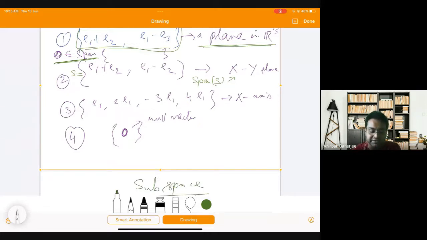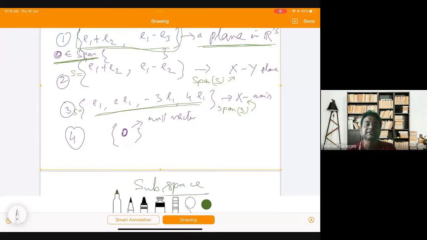Again, if I say that S is this, then we have seen that the span of S is the x-axis. So though there are 4 vectors, it generates the x-axis.